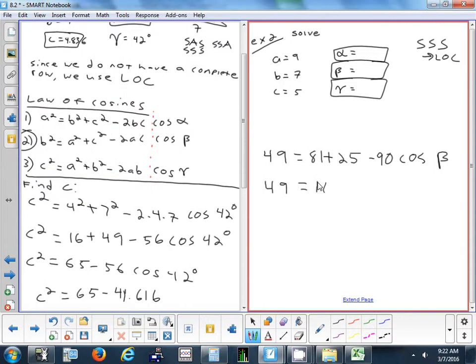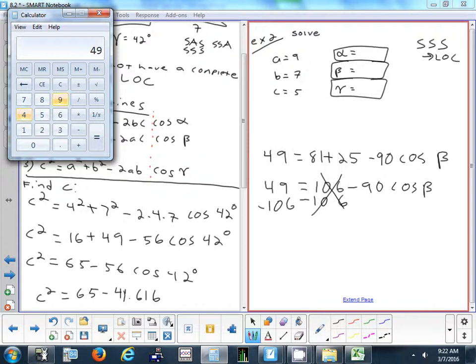So 106 minus 90 cosine beta. Next step. Can I do 106 minus 90 now? Move the 106 to the other side. Good. You can never do 106 minus 90 because it's multiplied by cosine beta.